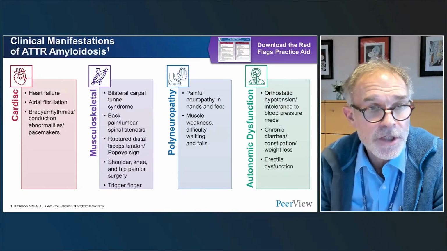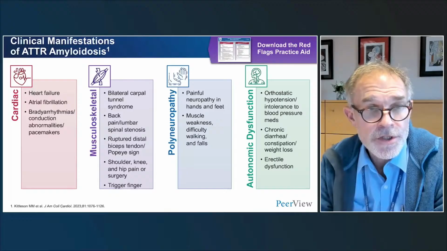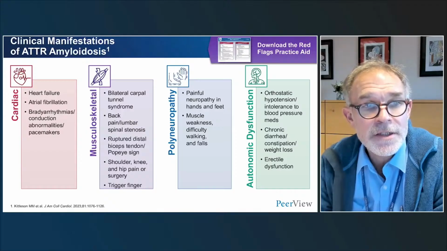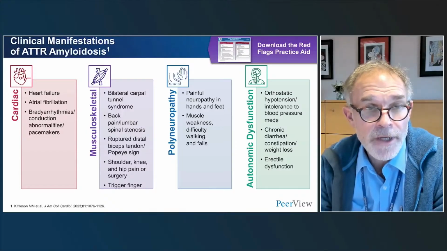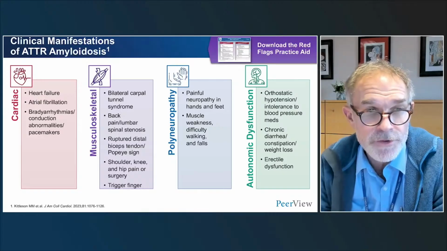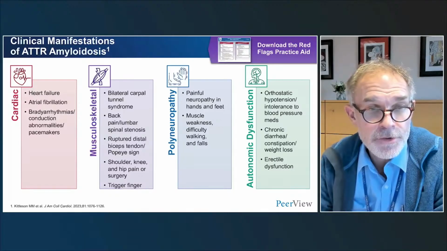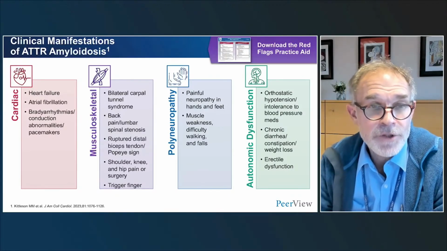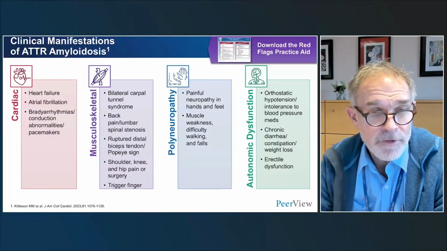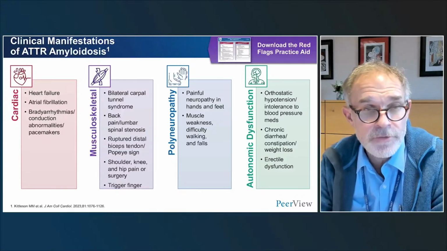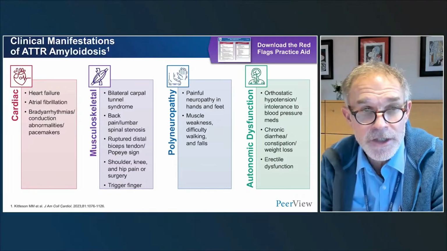The other feature of ATTR amyloidosis is musculoskeletal manifestations, which often predate the onset of the cardiac or neuropathic disease, and that includes bilateral carpal tunnel syndrome, back pain caused by lumbar canal stenosis or spinal stenosis, ruptured biceps tendon, giving the Popeye sign, and then shoulder, knee, and hip pain, often requiring surgery, although that's obviously very non-specific, particularly in the age group of patients that are susceptible to this disease.